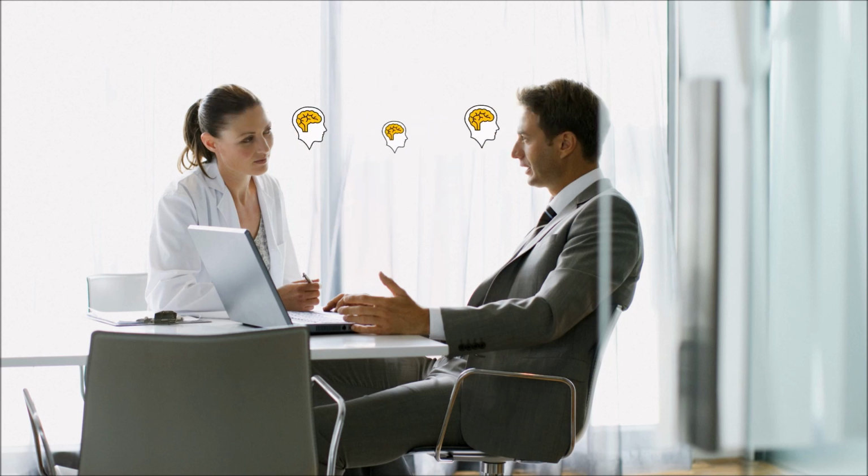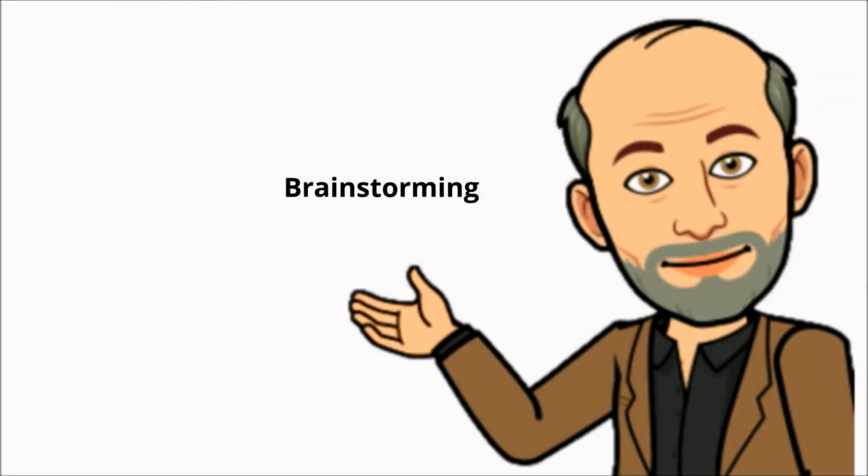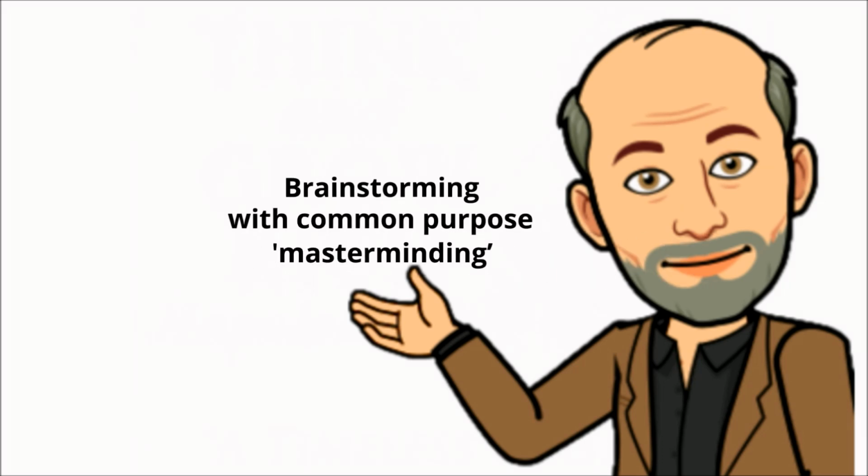Brainstorming is the most effective and often quickest way to find solutions for difficult issues. Ask any billionaire or millionaire or successful person of any type. They do it all the time. By the way, I call brainstorming with common purpose masterminding.